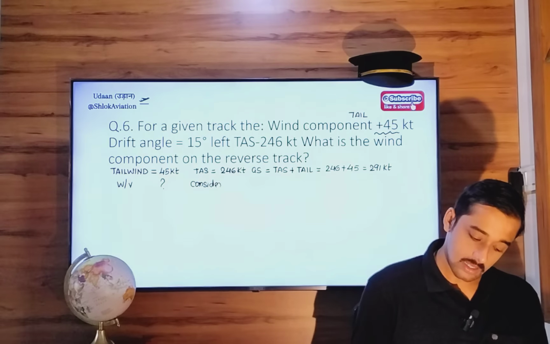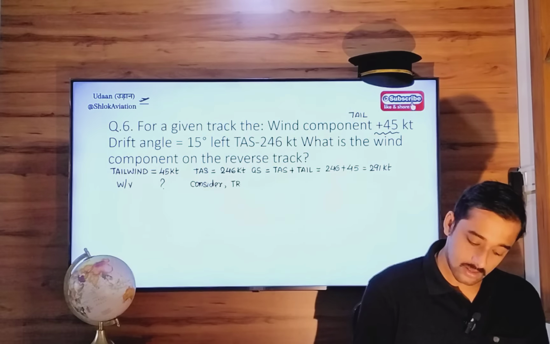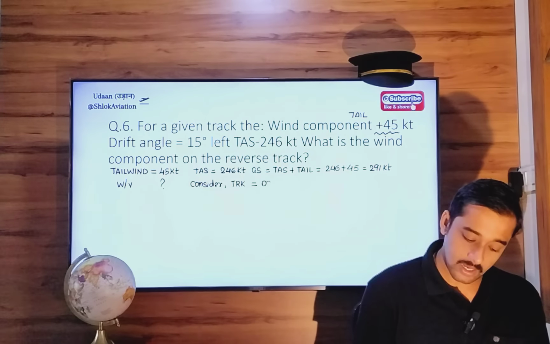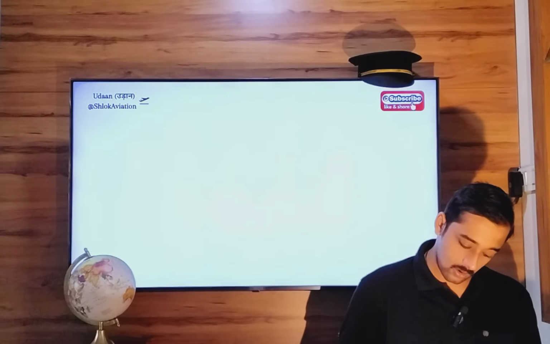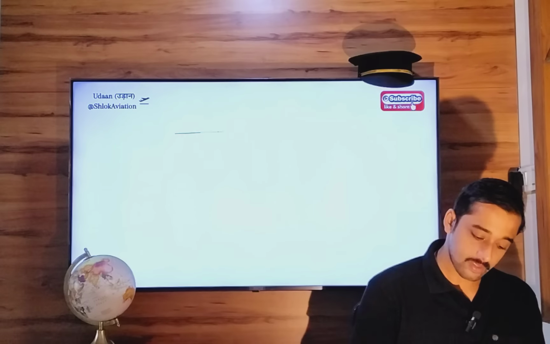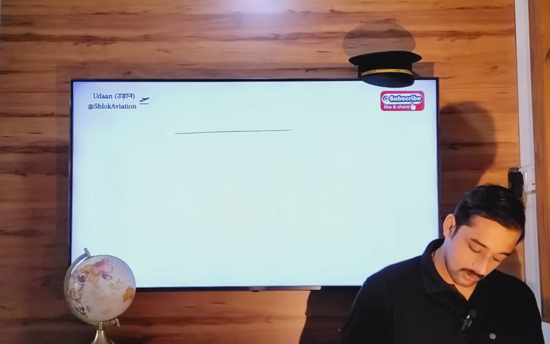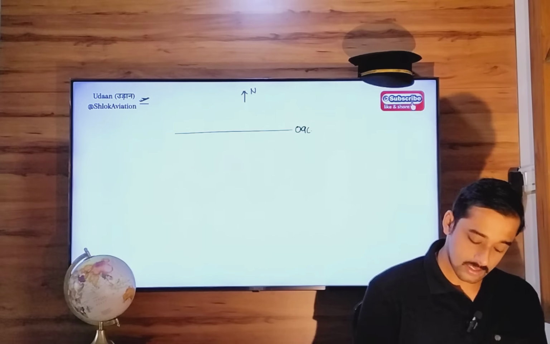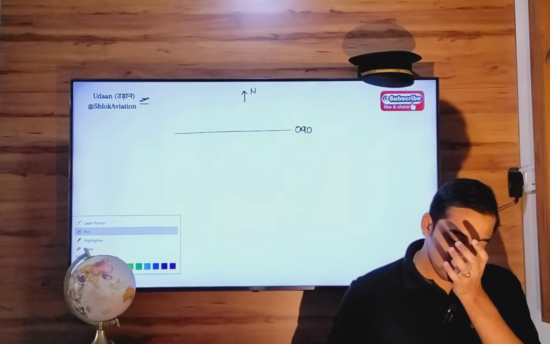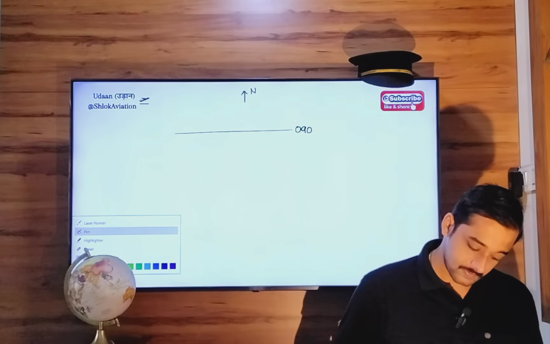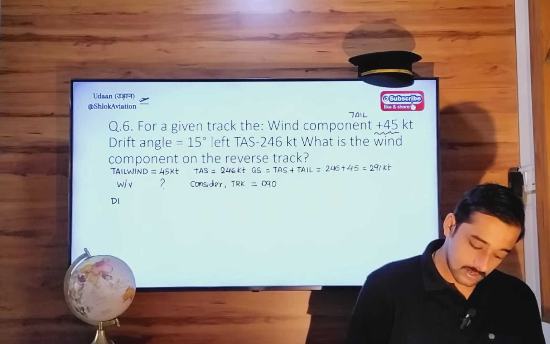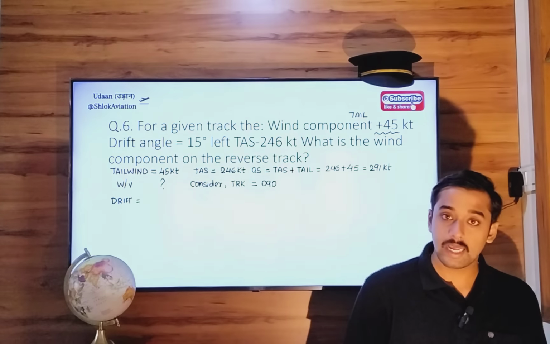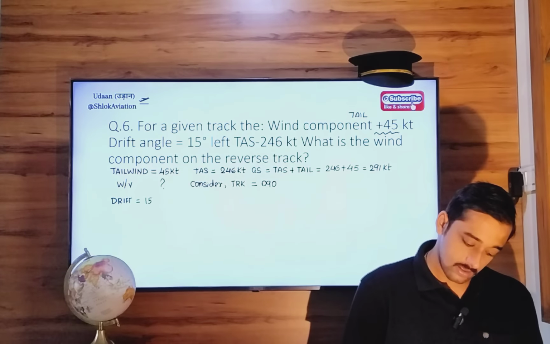Consider track 090. So you are flying on a track of 090, and you are getting a drift of 15° left.